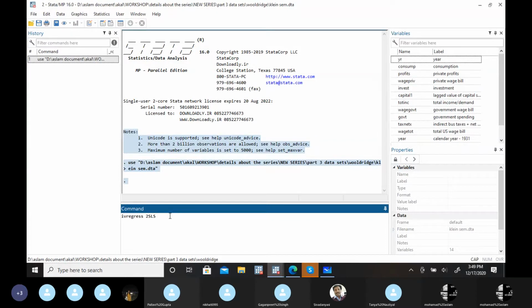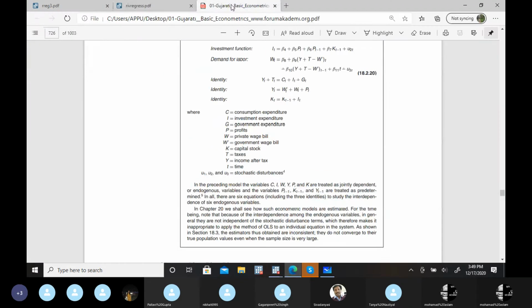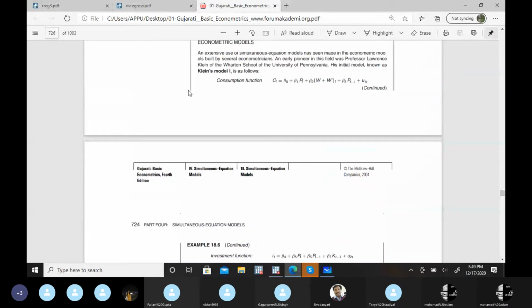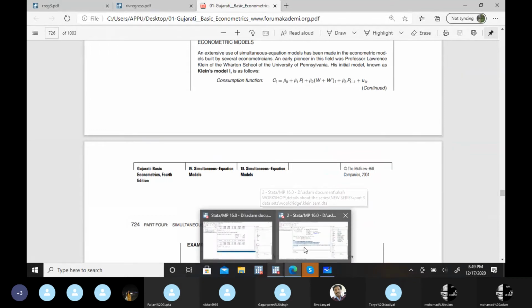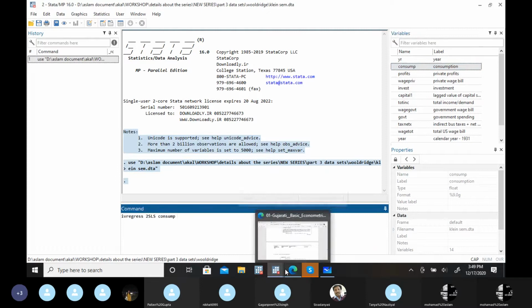Now first you have to identify the equation. Let's see, I want to estimate the first equation. So in the first equation, my dependent variable is consumption. Then independent variables.